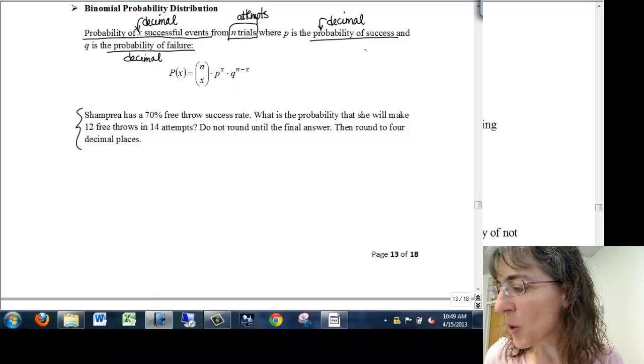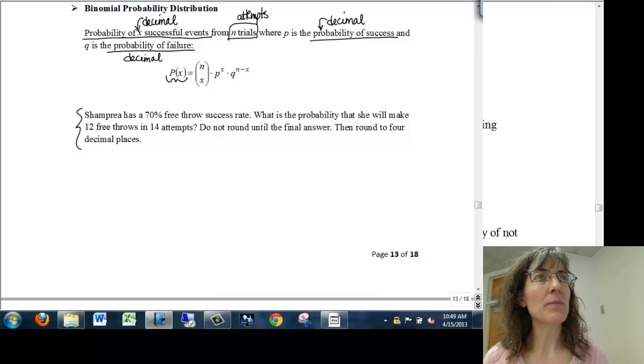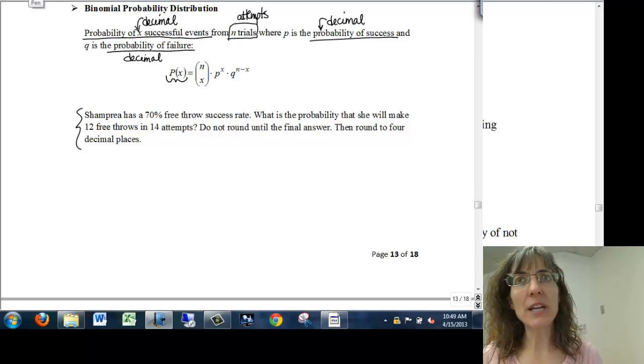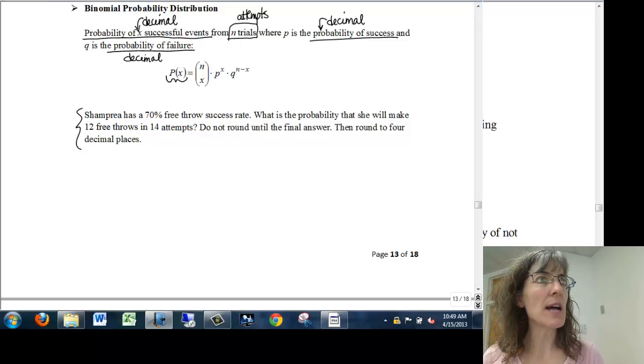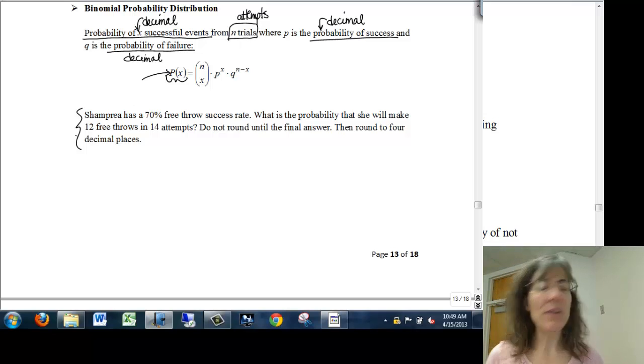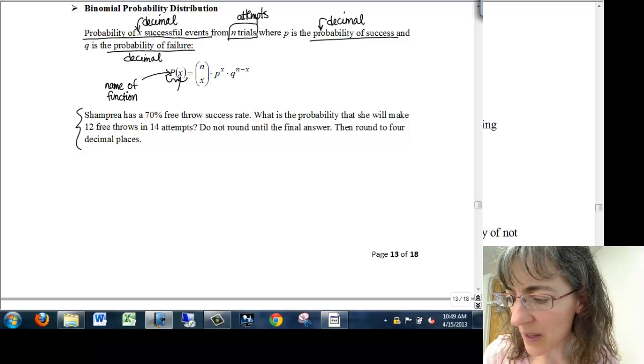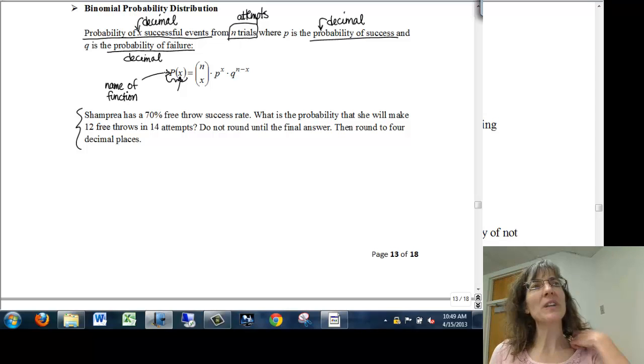Okay, so we have this P of X. This is notation. It's function notation. You might have seen it in other classes. We have not really looked at it in this class, but I want to talk to you about it just a little bit. It's saying this big P, that's the name of my function. And then this X is the value I'm going to plug into my function.